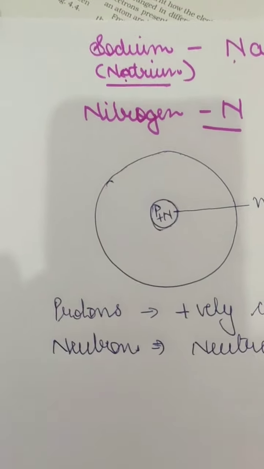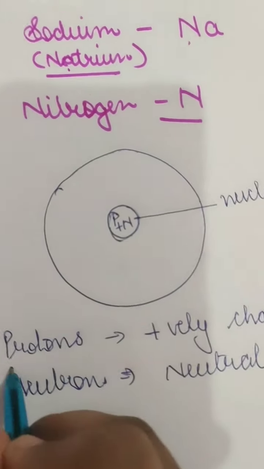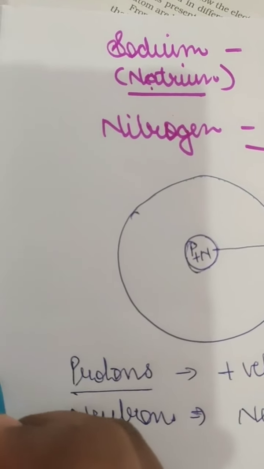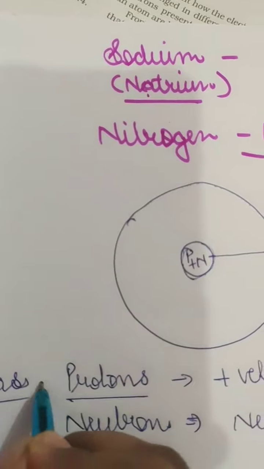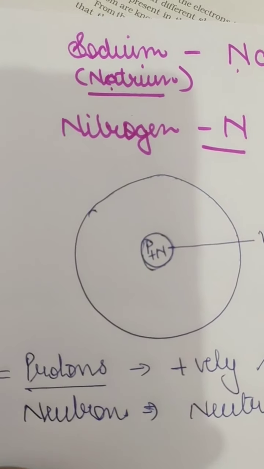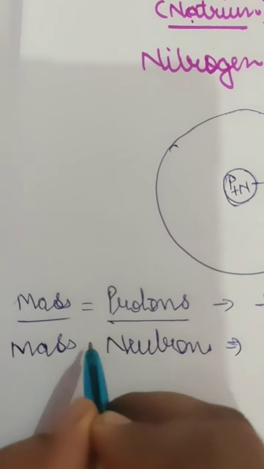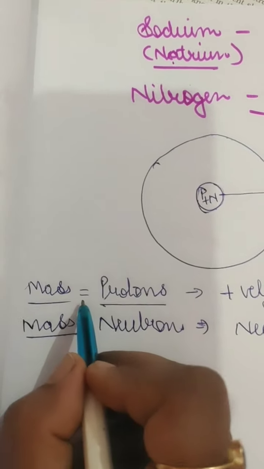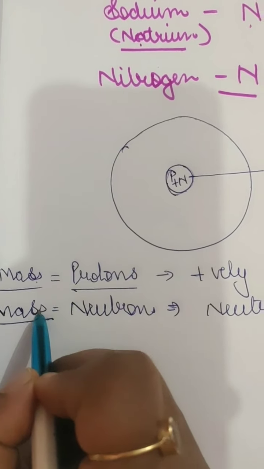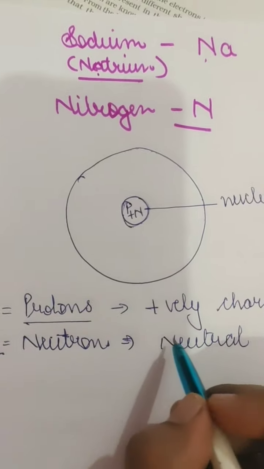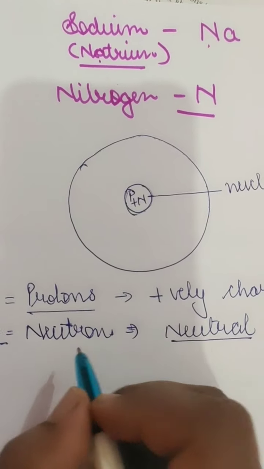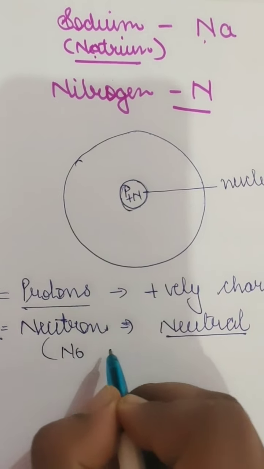Proton has mass, mass means weight. Neutron has mass too, but neutrons do not have any charge. No charge.